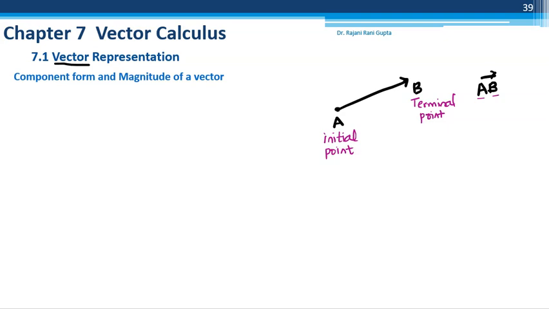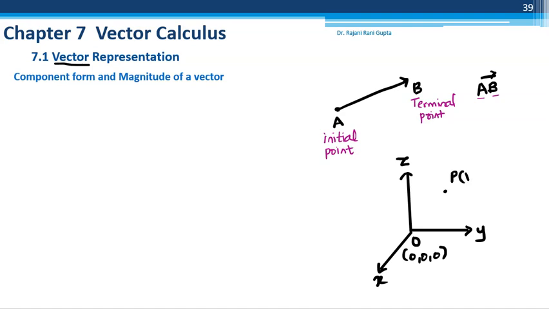Now, how do we define a vector in 3D space? Suppose you have a three-dimensional system, with the x-axis, y-axis and z-axis, and this being the origin. Suppose you have any point here, say P, which has the coordinates V1, V2, and V3.